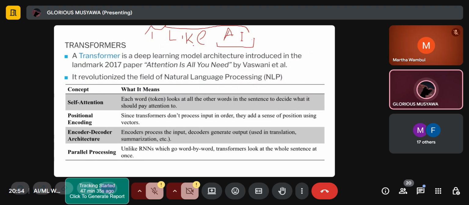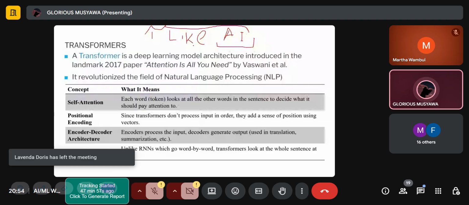That translation into English is a decoder characteristic: text generation, text output, and so on. So we have several models that use encoder only, decoder only, or encoder-decoder.